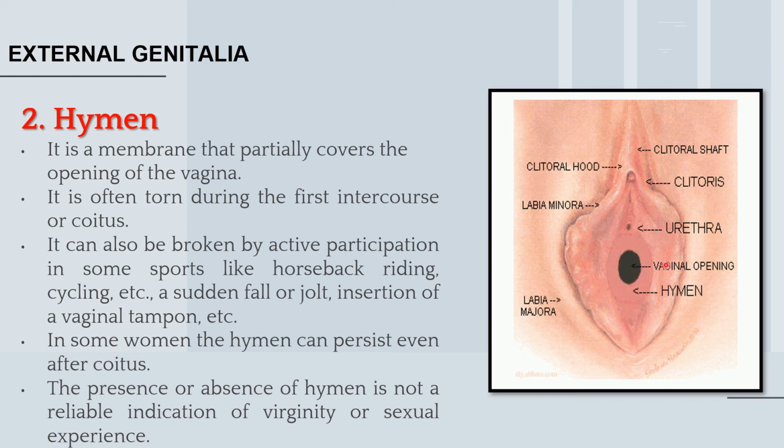Sometimes the hymen might get ruptured or broken by activities other than sexual intercourse, such as in females who participate in horse riding or intense physical activities such as cycling, or if a female suddenly falls, or if an object is inserted into the vagina, such as a vaginal tampon during the menstrual cycle.